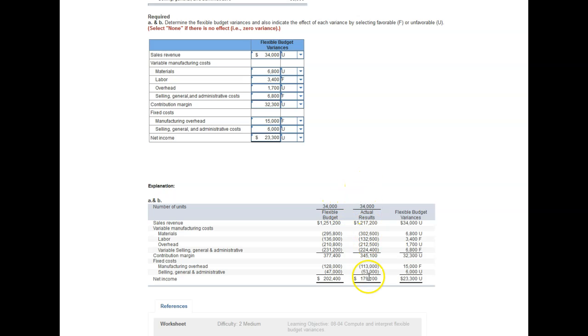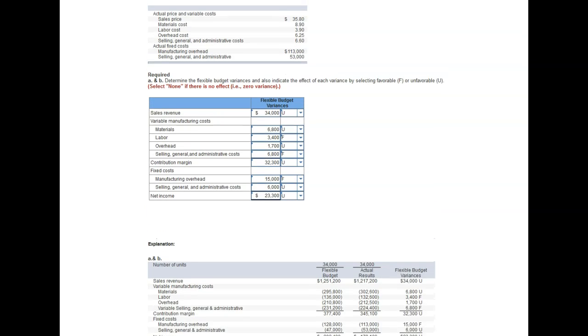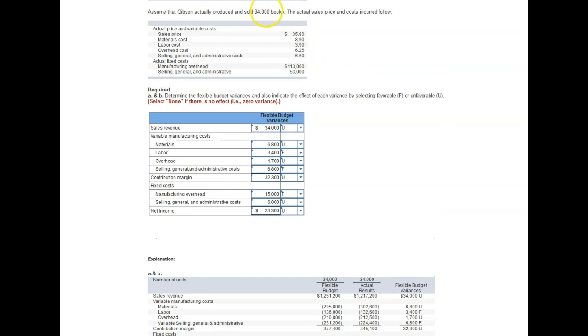Now, what were the actual results? Again, all these numbers are easy to find. Let me go back up to the numbers right here. Take 34,000 books or units times each of these numbers, actual selling price per unit, actual cost per unit.